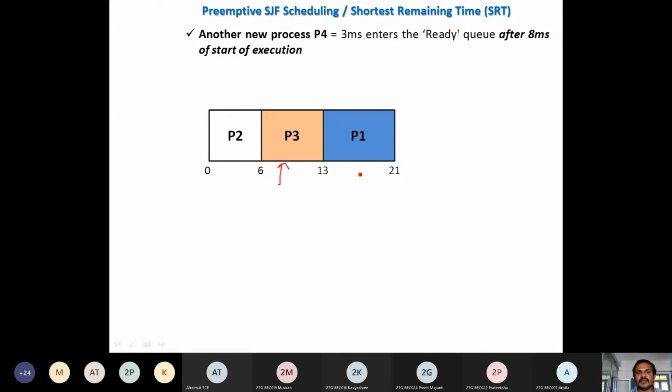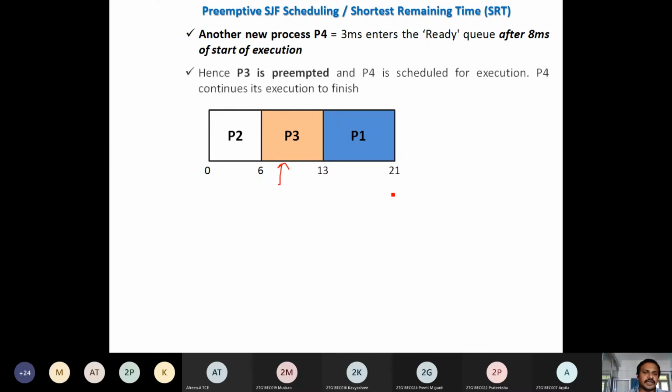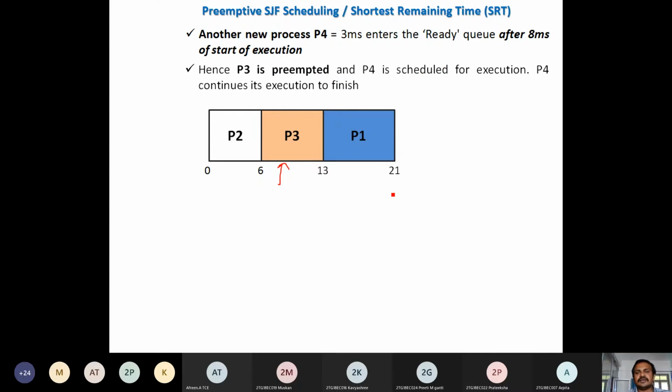Preempt means stop temporarily. On what basis? The process which has less completion time. So comparing P3 and P4, P4 is going to get the execution task. Hence P3 is preempted and P4 is scheduled for execution.